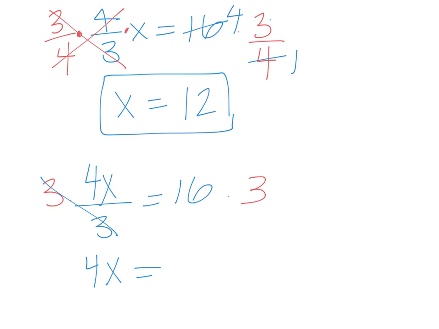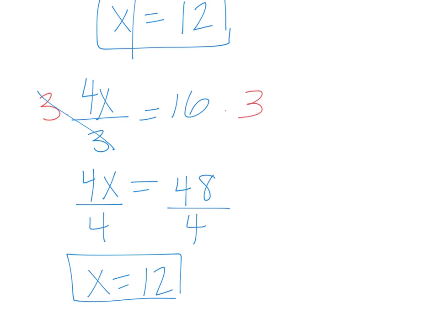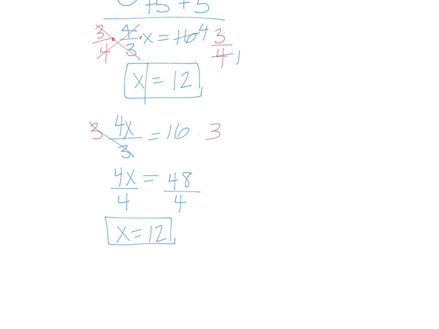Well, 6 times 3 is 18, 18, and then carry the 1. 3 times 1 is 3, plus 1 is 4. And then you're going to divide by 4. So essentially we get the same answer, just in a couple different ways. If multiplying by the reciprocal makes sense to you, go ahead and do that. Otherwise, you can write 4/3 x as just 4x over 3. It means the exact same thing.